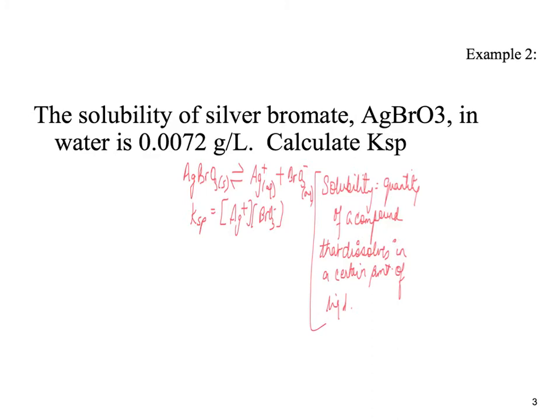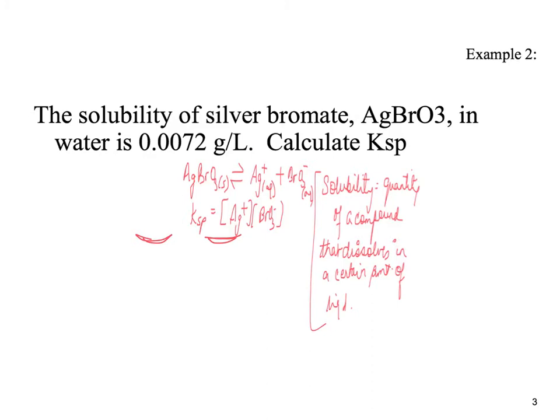So realize solubility, or in other words, the concentration that you have in here is going to be dependent on your physical parameters. But the KSP that you have, that is not the molar solubility. It is the solubility product constant, and that will have only one value at a given temperature. It's not going to change, okay?